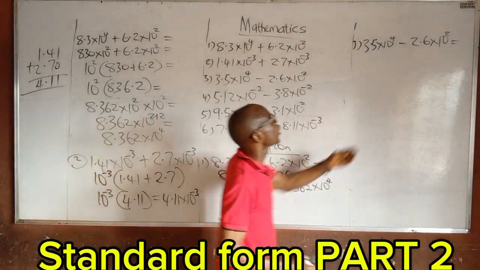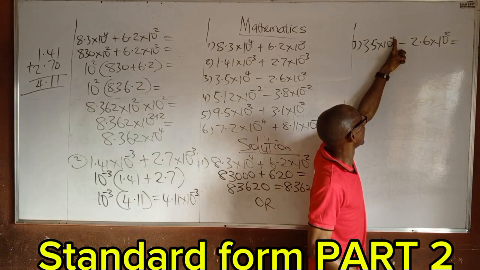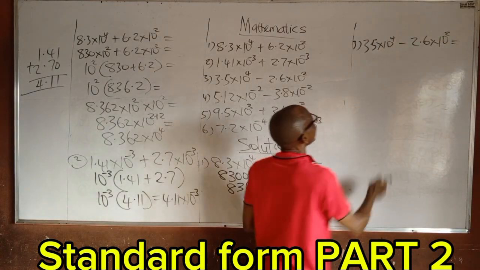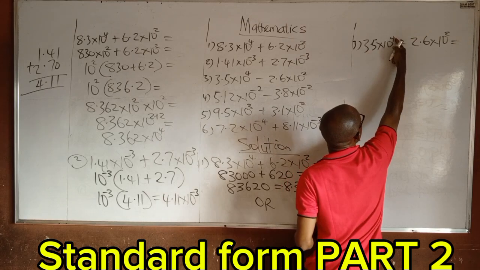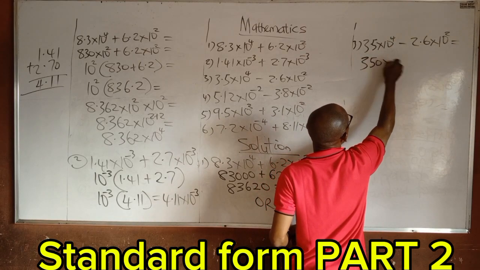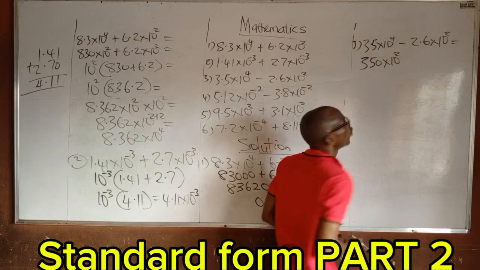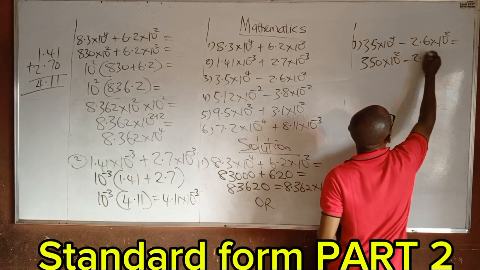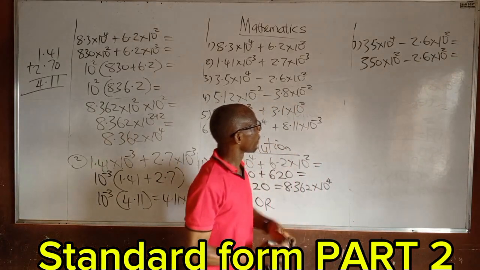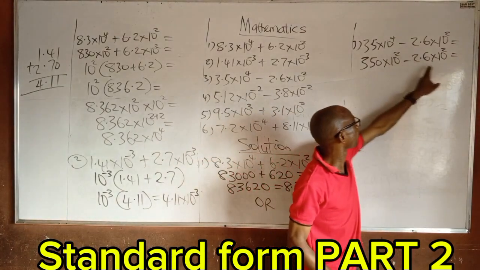Or better still, we can make one of these the same as the power there. Now, let's look at that. If we want to make this power here become 2, we now have 350 times 10 raised to the power 2, minus 2.6 times 10 raised to the power 2. So we have succeeded in making their powers the same.